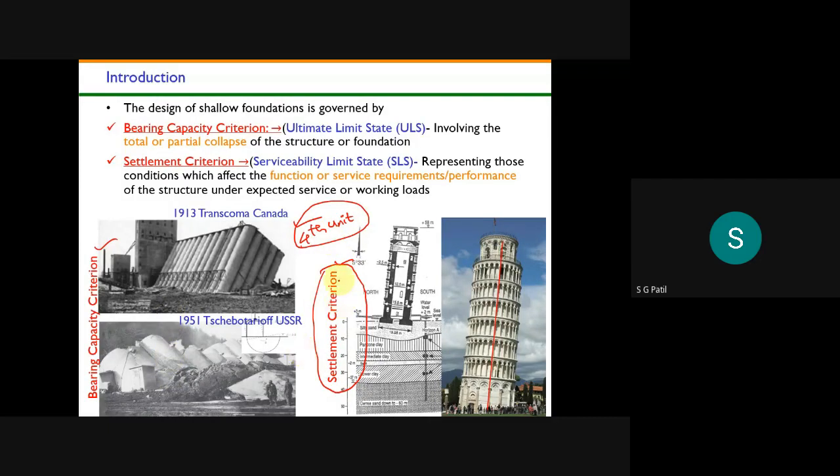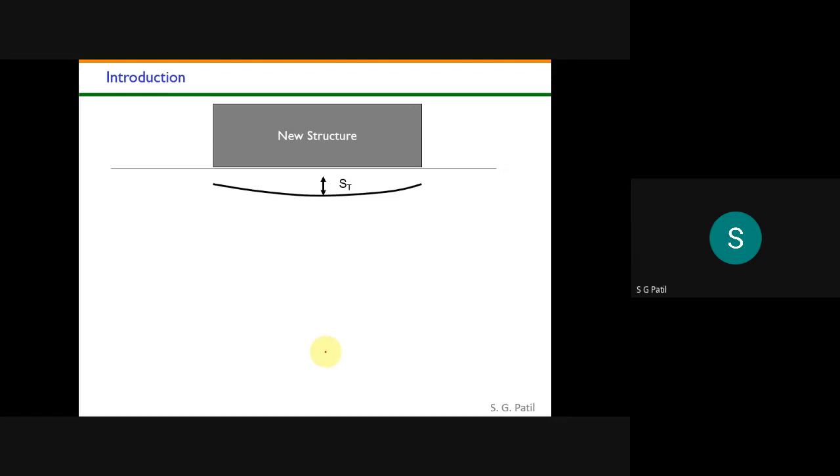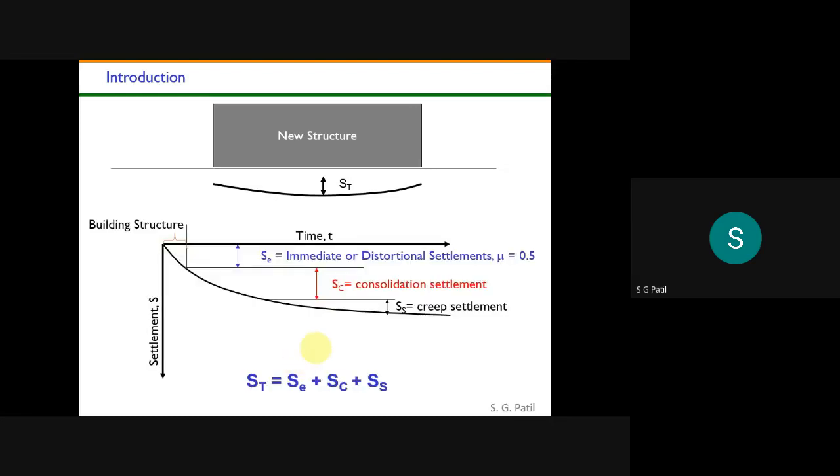In the settlement criteria, there are basically 3 types of settlements. One is the immediate settlement, or distortion settlement, or you can also call it elastic settlement.